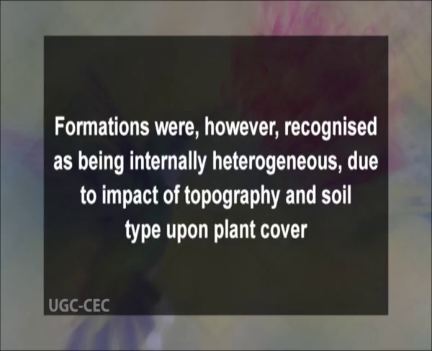According to Pavillard, 1935, an association is a plant community of definite floristic composition, presenting a uniform physiognomy and growing in uniform habitat conditions. Formations were, however, recognized as being internally heterogeneous due to the impact of topography and soil type upon the plant cover.